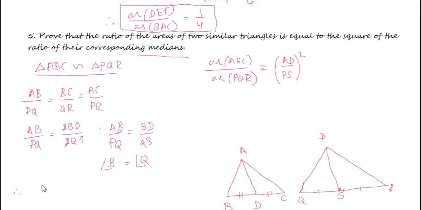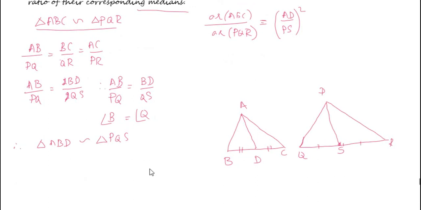Therefore, triangle ABD is similar with triangle PQS. The criteria here is side, angle, side.